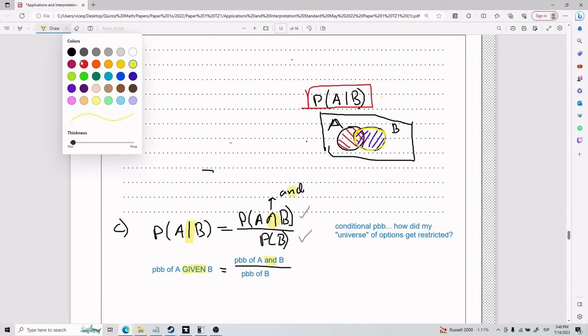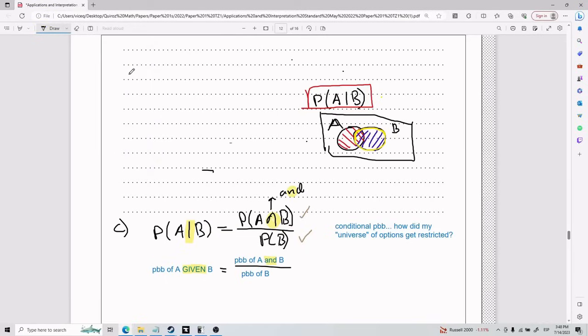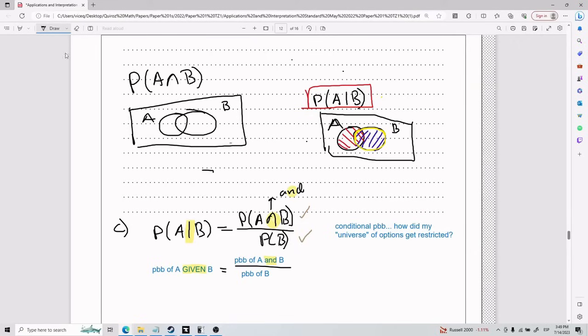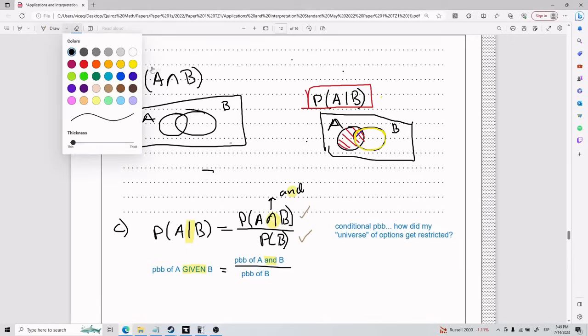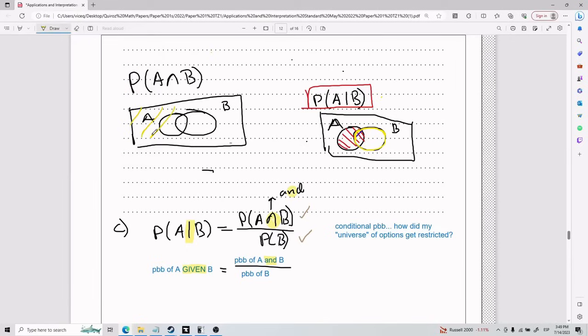Okay, which is much different than the probability of, say, A and B. Which means that here in the same Venn diagram, you are picking from everything and hoping that you get red.